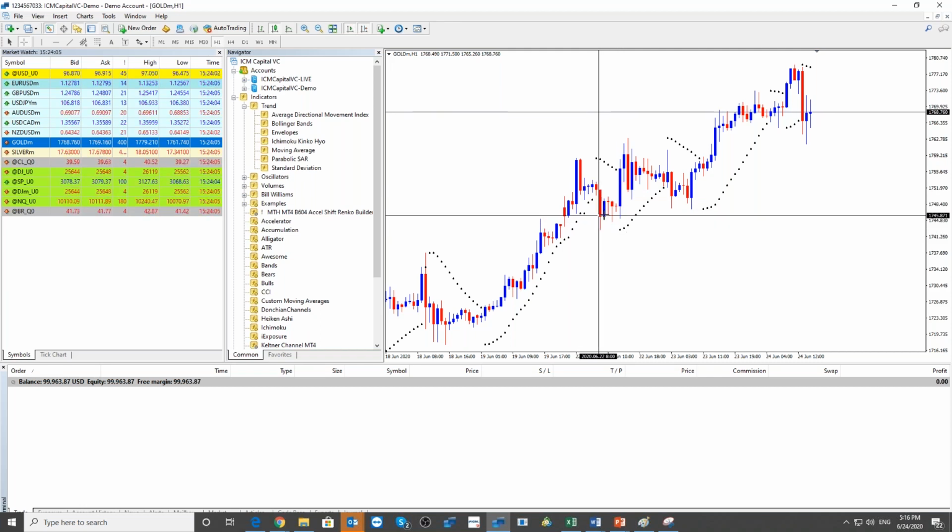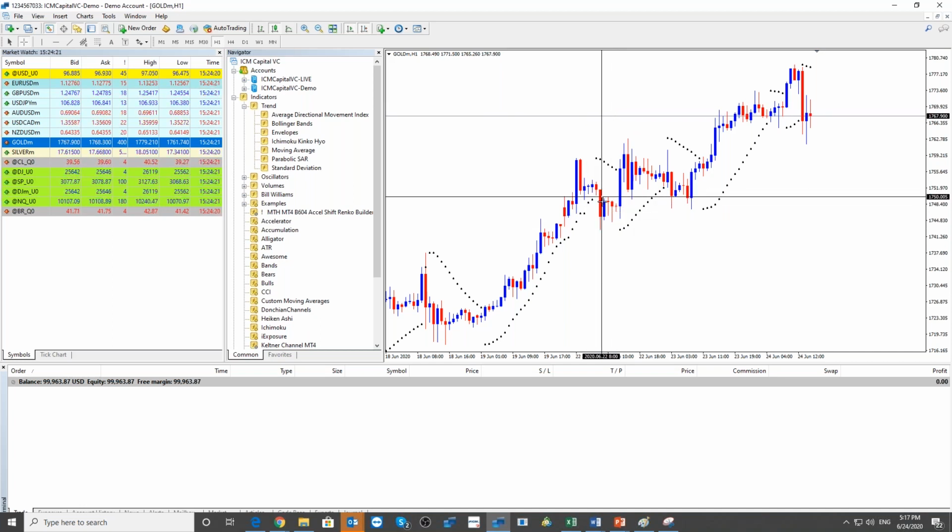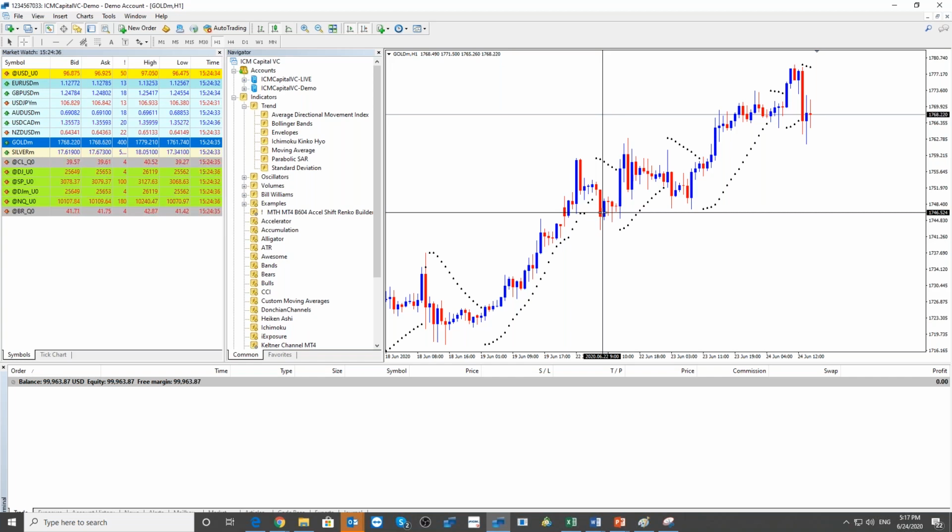But don't enter on the close only. Maybe take a double confirmation, because it may enter on the close, take your spikes, move like this, and unfortunately you may get into the market wrongly. So for a perfect entry, as well as a proper double confirmation, once you get the first confirmation with the SAR, it may work with a bar chart or with candlesticks, which give similar performance. But a line chart, I'm not sure, because a line does not give the exact high and low, it gives only the close.